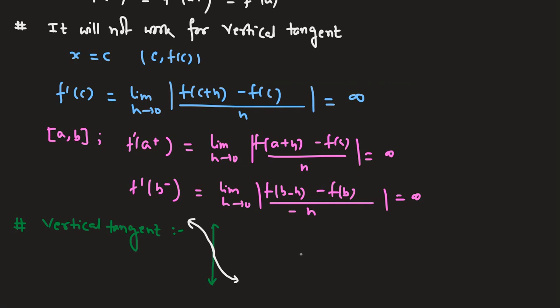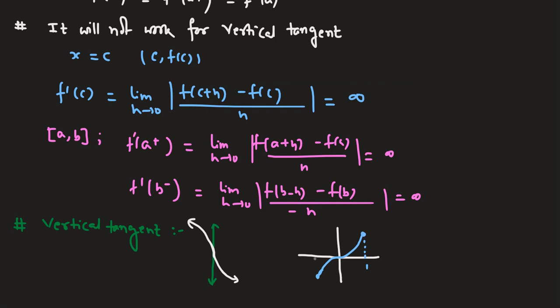Now if you consider the corner points that I have given you the example, you can take the example of sine inverse x. So this one and this one you can say. Here at the point 1 you have pi by 2. So at this point and at this point we have the vertical tangent.